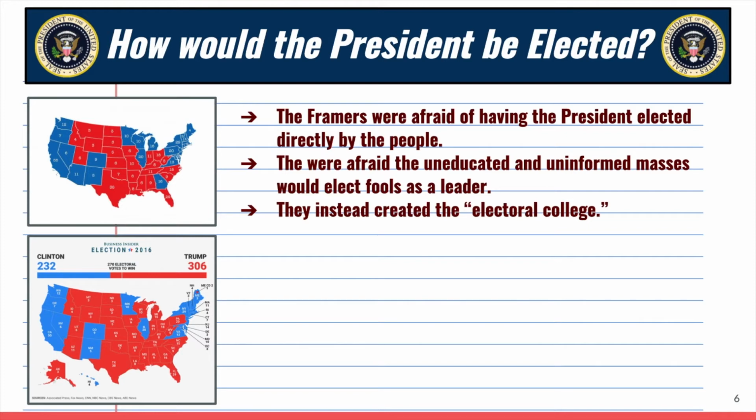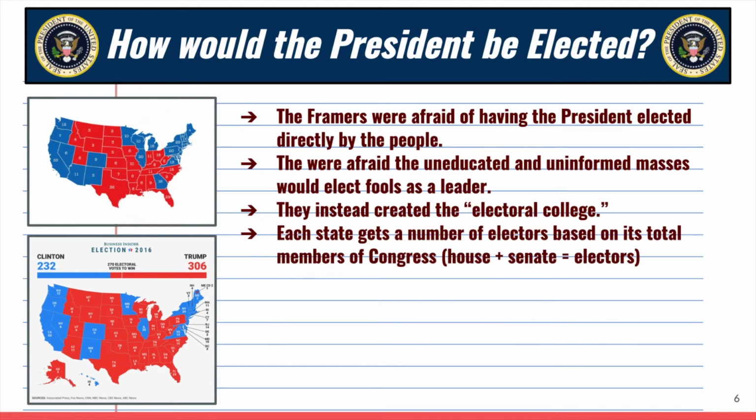And here's a newsflash for you kids. It has nothing to do with going to college. It's a group of people who have the responsibility to get together and vote for the President of the United States. Each state gets a number of electors based on its total members of Congress.